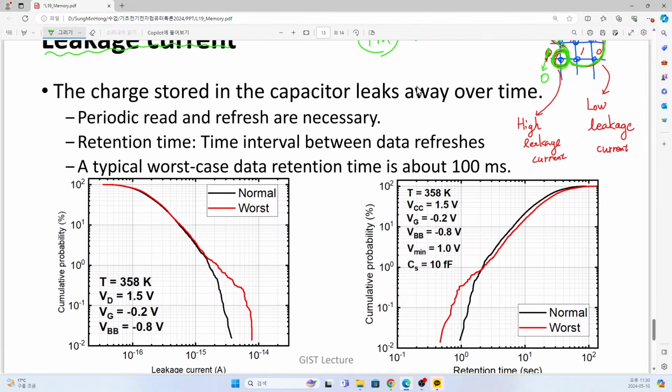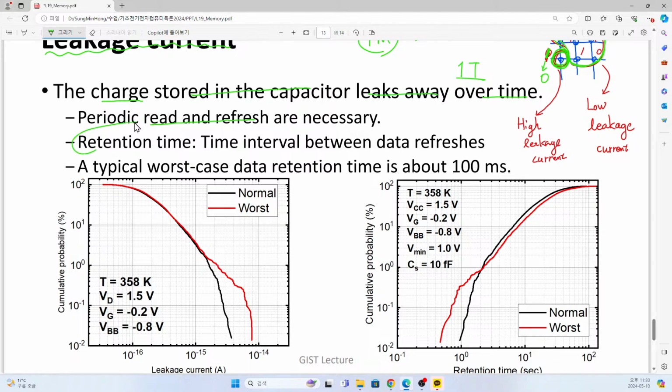Okay, let me just read our slide. The charge stored in the capacitor leaks away over time. Through what? Through our transistor. So therefore, periodically we must read and refresh.